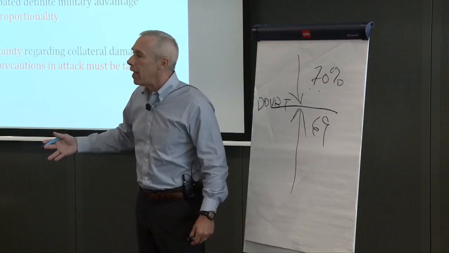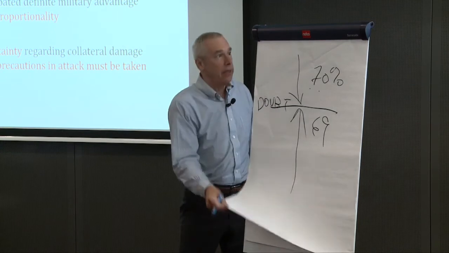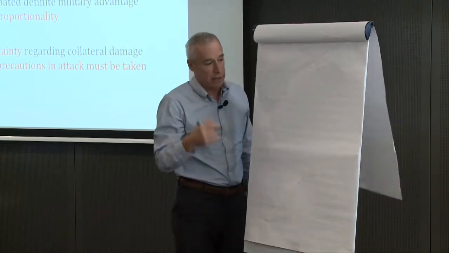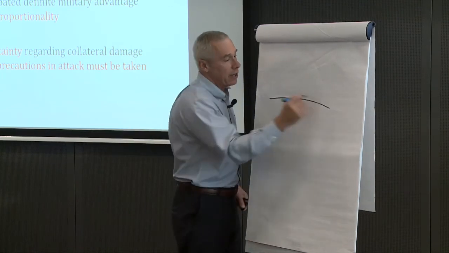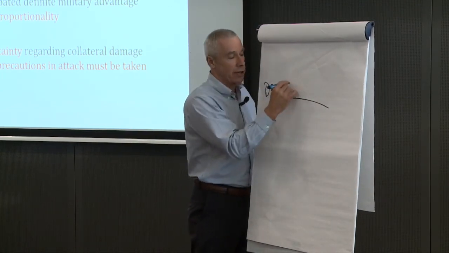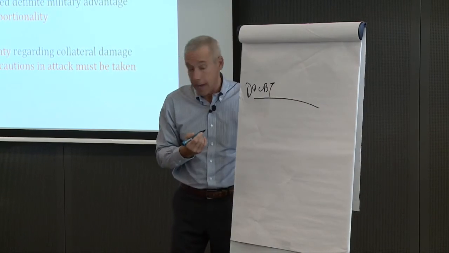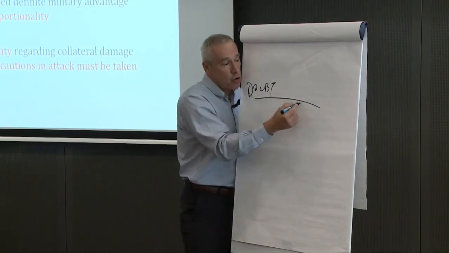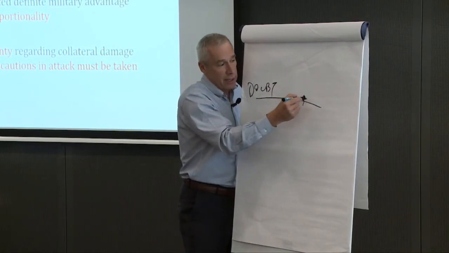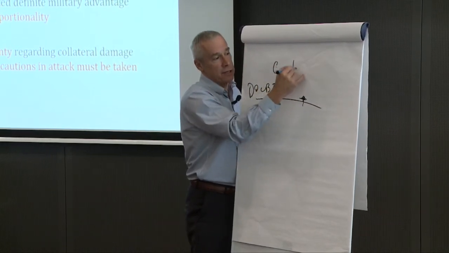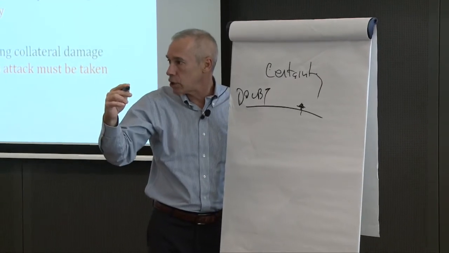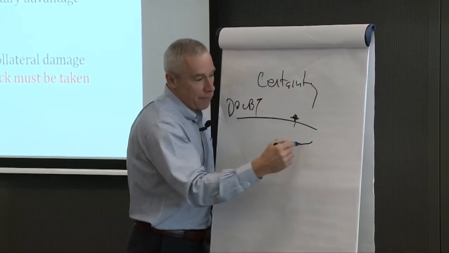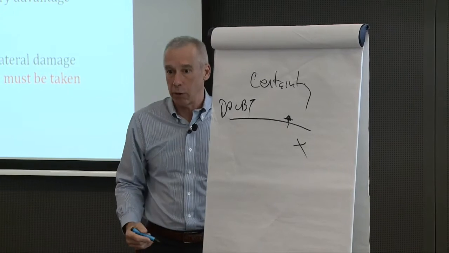And the same thing applies in proportionality. The problem with proportionality is you're trying to figure out military advantage and incidental injury. So again, you have this doubt. You're not sure where it is, okay? But if you cross this threshold into the area of certainty, then all the collateral damage counts, all of it. And if you're down here, you can't engage in your operation.